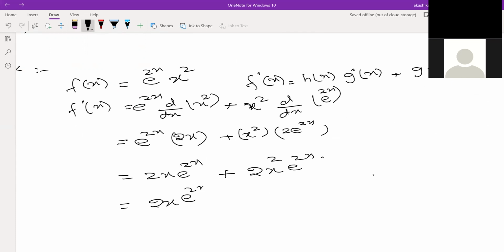So 2x e^(2x) is common. 1 is left inside, and then because 2x has been taken common, there will be left only x. e^(2x) is also common. So this is the answer for e^(2x) x squared. Is it clear? Yeah, this one understood.